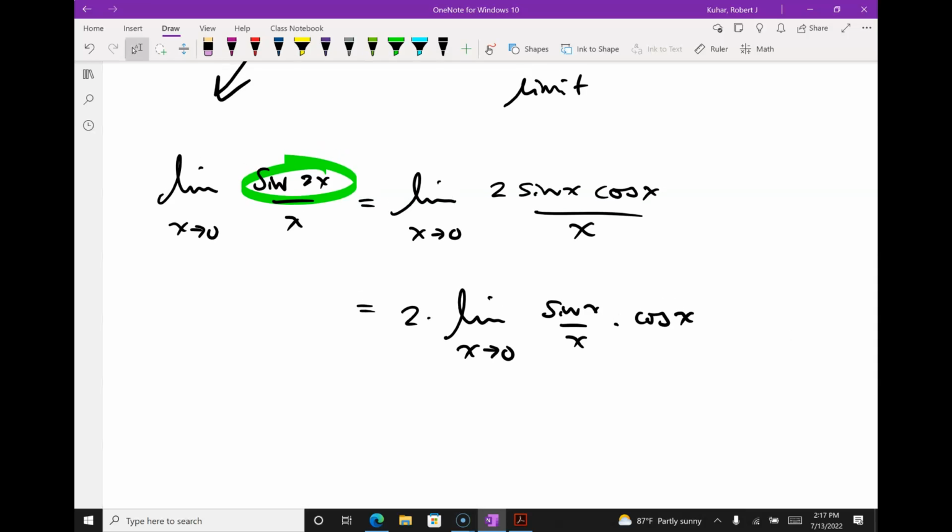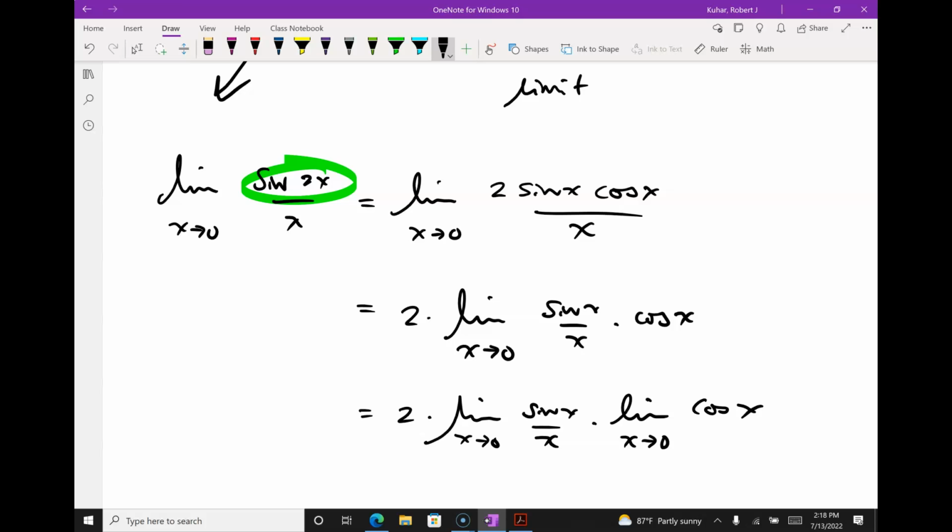This is a limit, so I'm going to secretly apply it to pieces of the function as I wish. So I'm going to do 2 times the limit of that first piece, and then get the limit of the second piece. And I have to be careful how I choose my pieces, right? If I choose the limit of sine x only, what will I get?